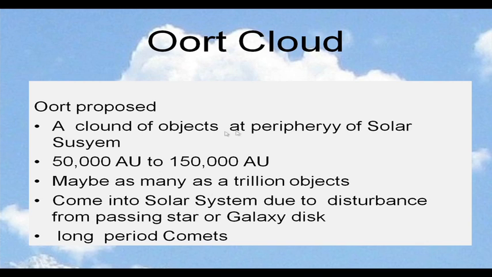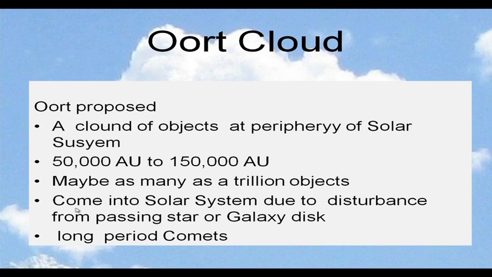These objects are in orbit around the sun in the Oort cloud, and then maybe some disturbance from a passing star or from the gravitational potential of the galactic disk causes a change in the orbit, and the disturbed orbit may bring them into the inner solar system, and such an object would then be seen as a long period comet.